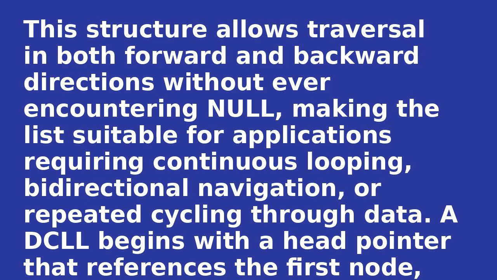This structure allows traversal in both forward and backward directions without ever encountering null, making the list suitable for applications requiring continuous looping, bidirectional navigation, or repeated cycling through data. A DCLL begins with a head pointer that references the first node, and optionally a tail pointer is used for faster insertion at the end of the list.